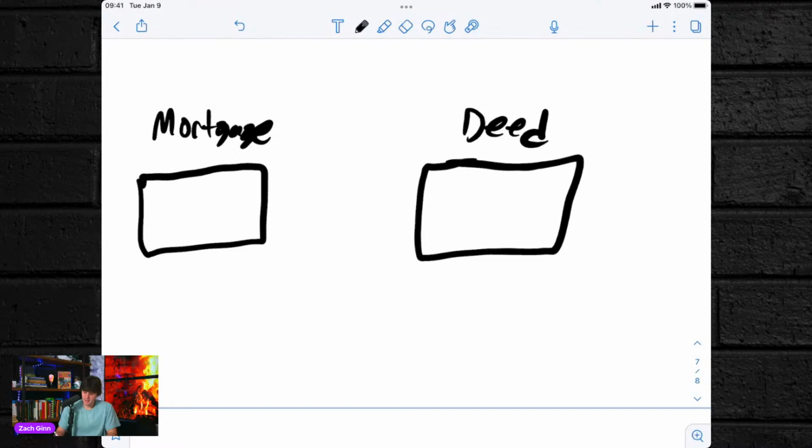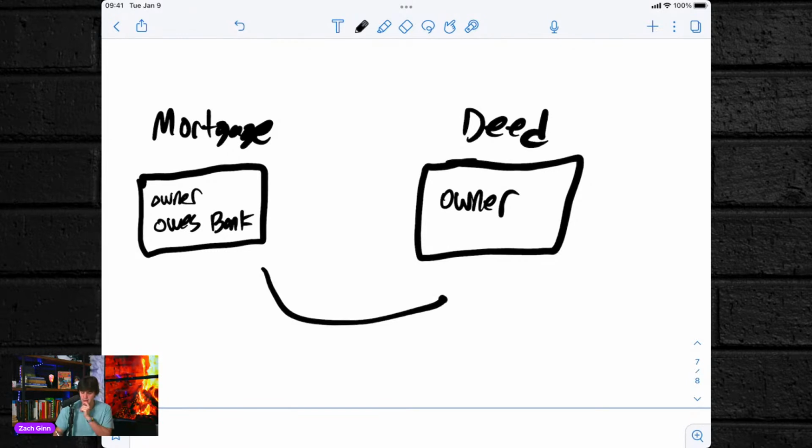The deed shows who is the owner of the property, and the mortgage shows that the owner owes the bank. And that's an amount, right? So basically, they are the owner of the property. They control the asset, the house, right? And there's a mortgage basically underneath it. That's pretty much it, right?